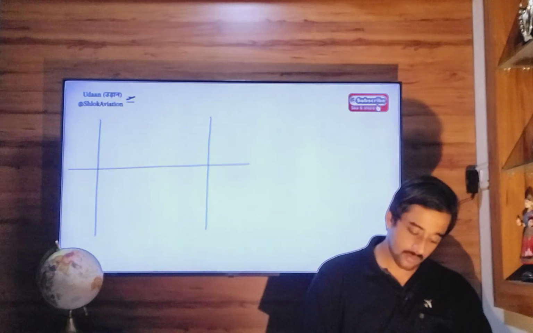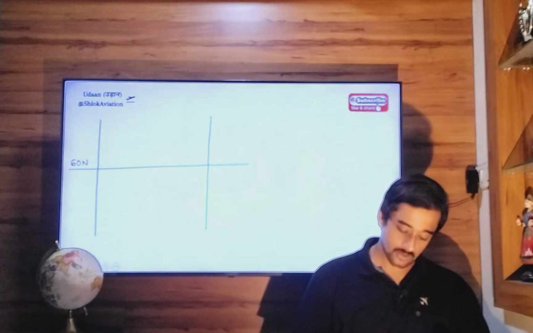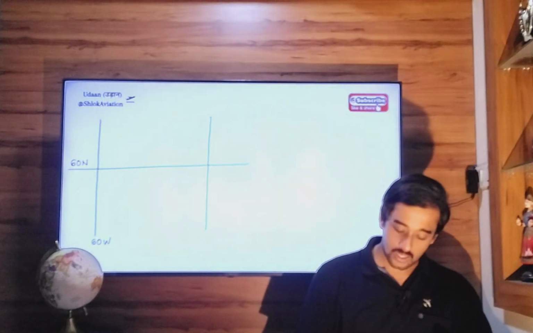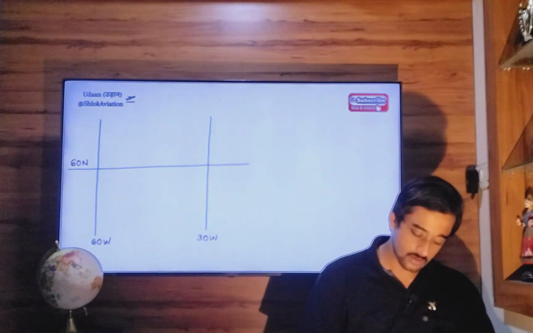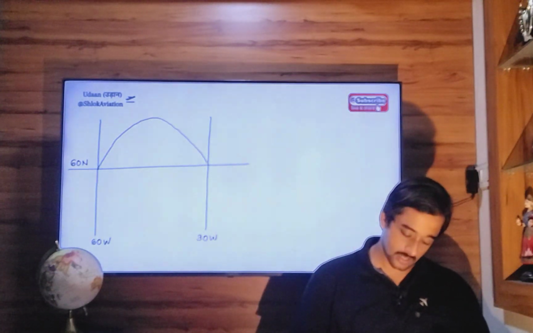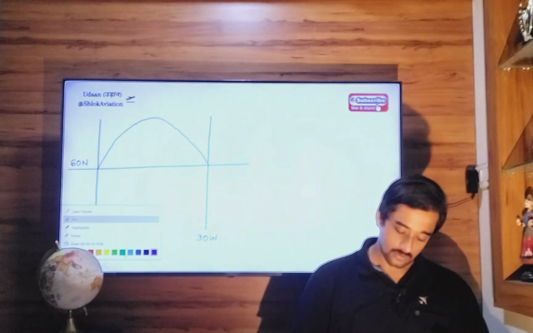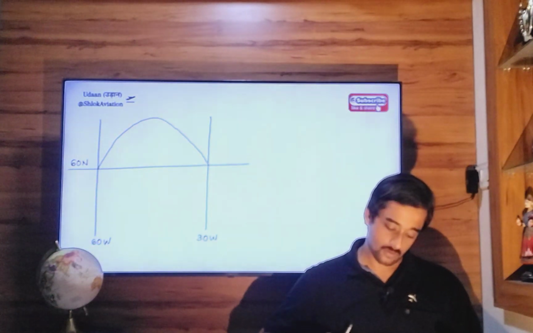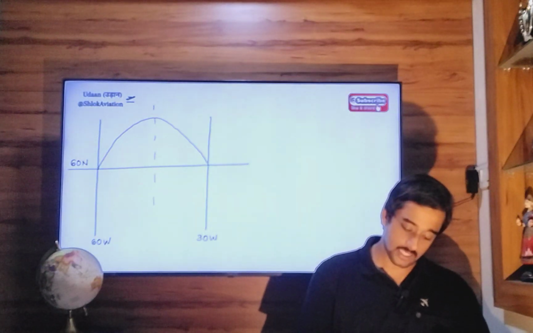So we are in the north hemisphere, fine. 60 west, 30 west. This is the great circle track. 45 west is right between 30 west and 60 west.